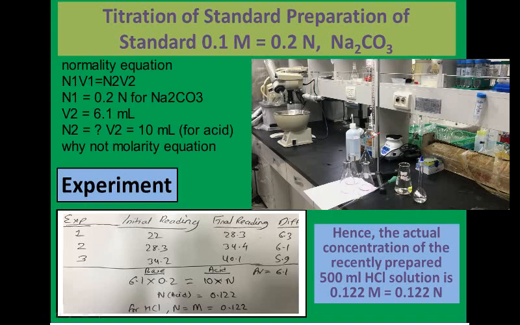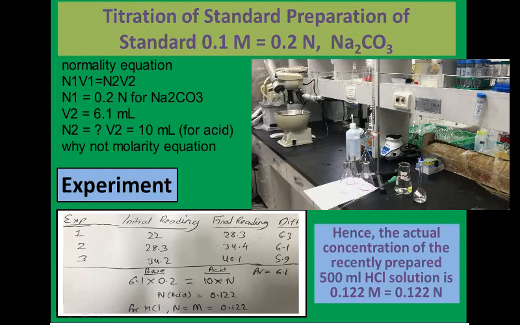Here the volume of base that reacted with the acid was 6.1 milliliter. So from the normality equation we found out the molarity, or normality, of the hydrochloric acid is 0.122.